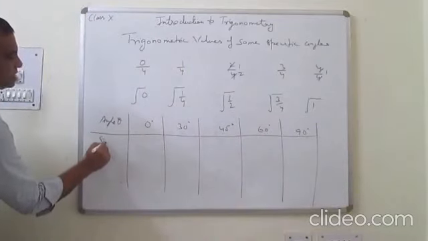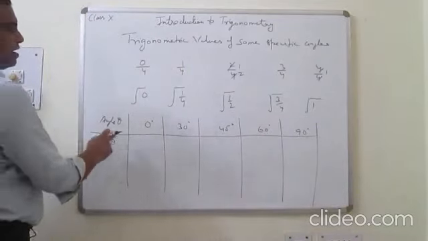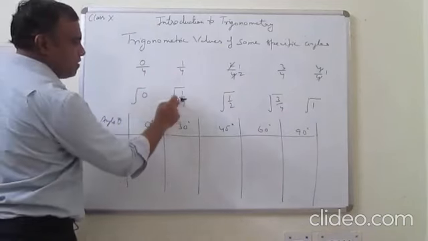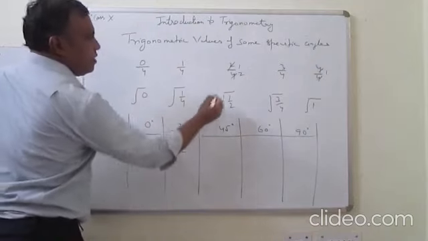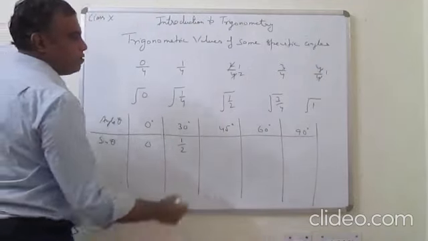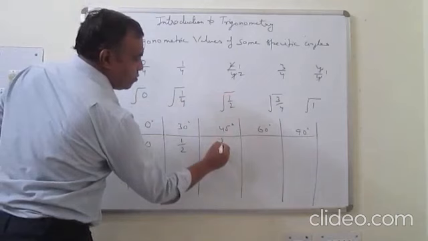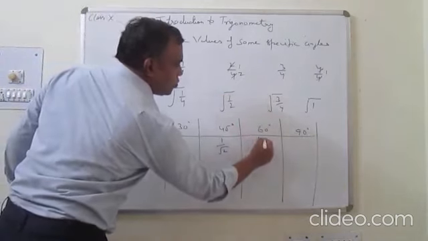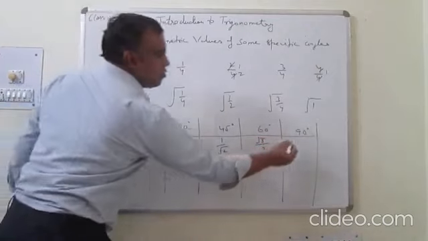Our first row is sine theta. What is the square root of 0? It is 0. What is the square root of 1 by 4? It is 1 by 2. What is the square root of 1 upon 2? The root of 1 is 1, and the root of 2 is root 2. The square root of 3 upon 4 is root 3 upon 2. The square root of 1 is 1.